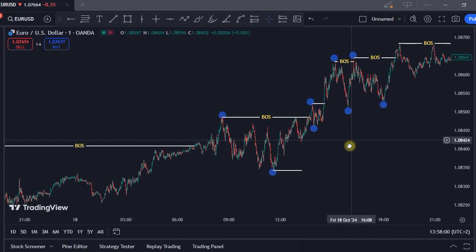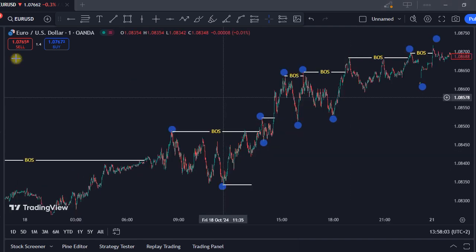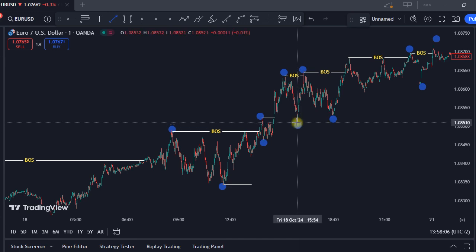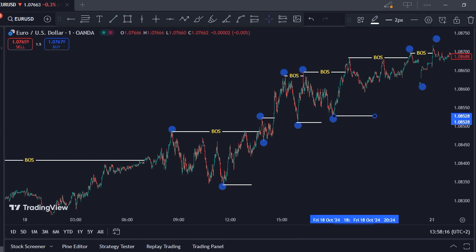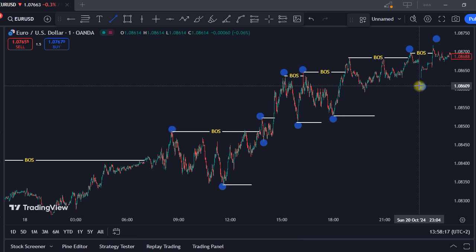Now let's mark out our other low. This is also another significant low, and again another significant low that we're having over here, and another significant low that we are having over there.